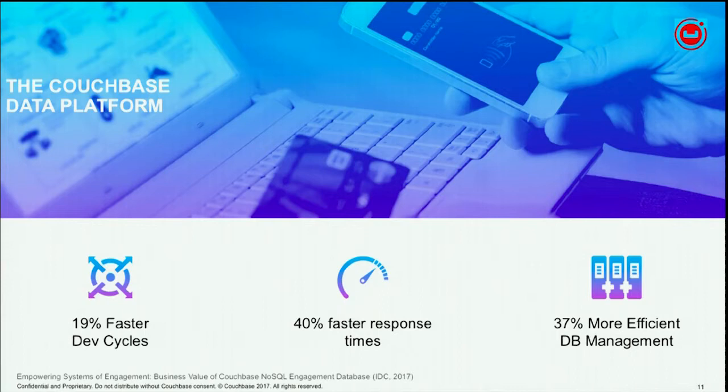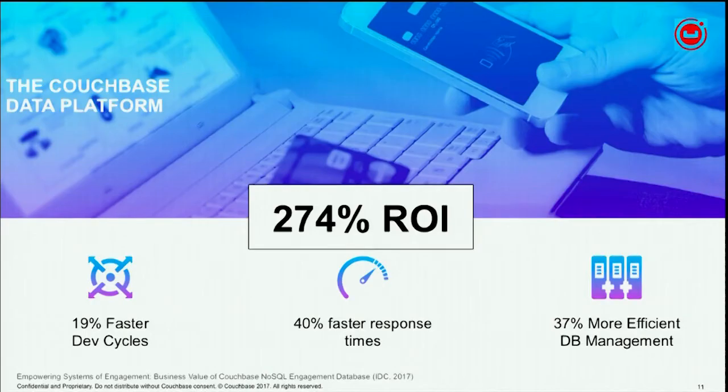And then 37% more efficient database management. Again, those complicated tasks of sharding, replication, upgrades, all of those are very, very easy with Couchbase, and we're going to see why later on. And all of that culminates into what was measured as a 274% return on investment from our customers that are using Couchbase to build their digital applications.